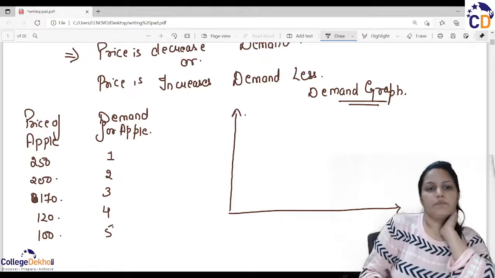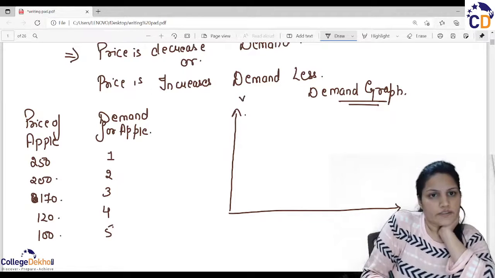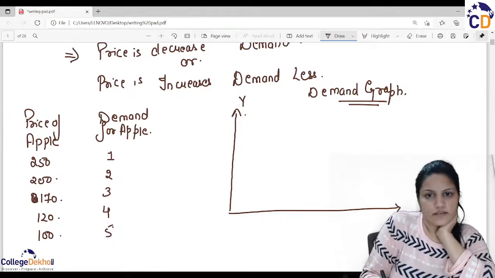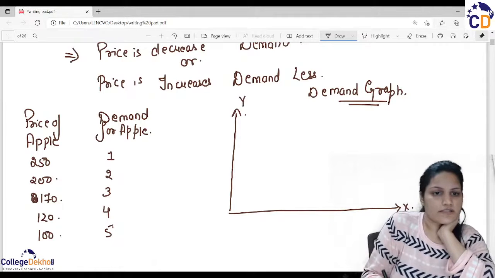Coming to the demand graph, here is the y-axis, here is the x-axis, here is the 0.